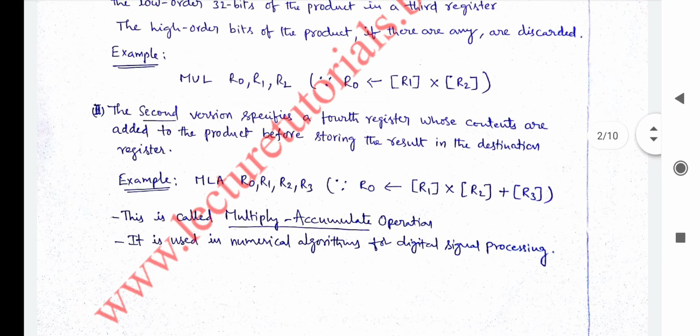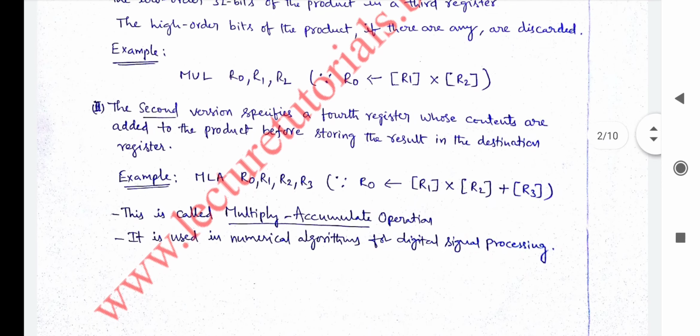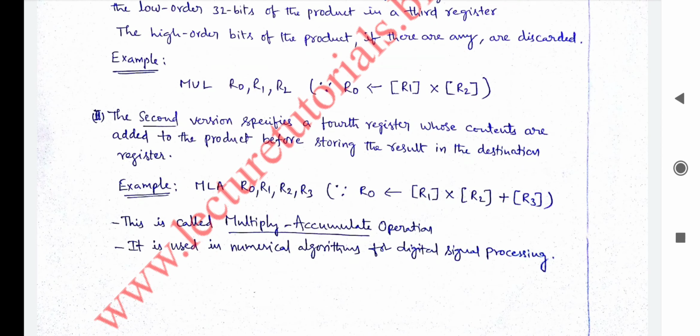So we multiply R1 with R2, add the multiplication result with R3, and store the result in R0. This is called a multiply accumulate operation. It is used in numerical algorithms for digital signal processing.